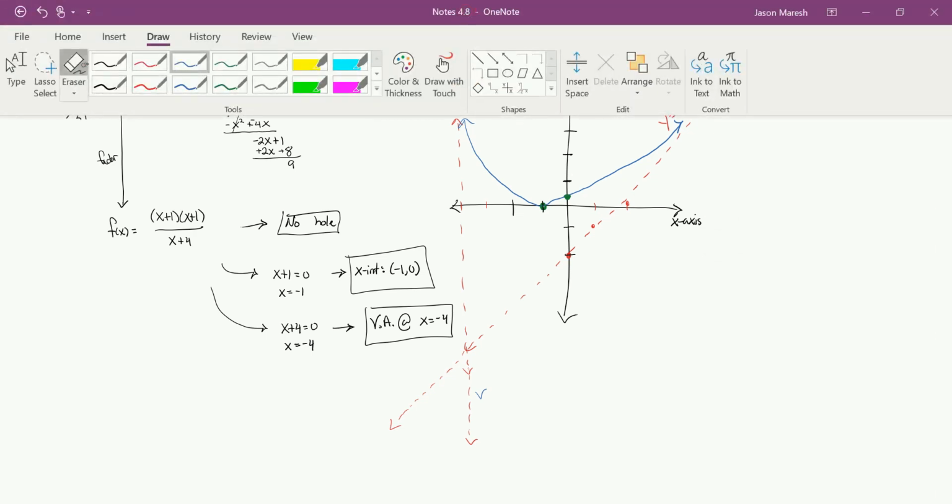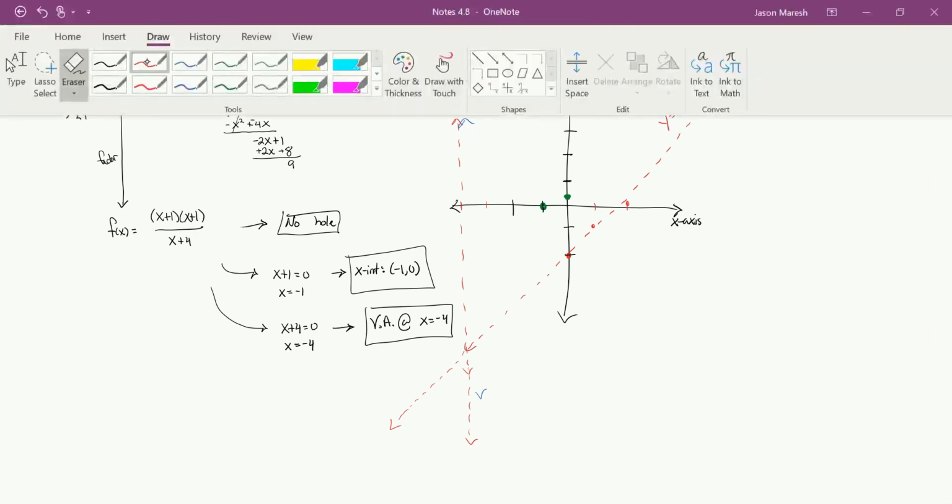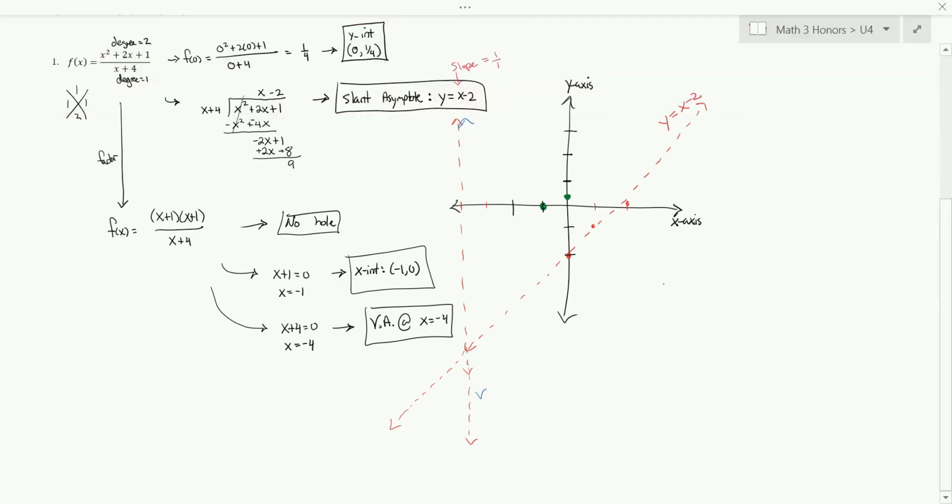So what do we get? So we're going to test, what is f of -2? Going to bounce.